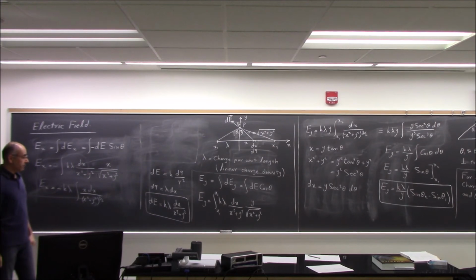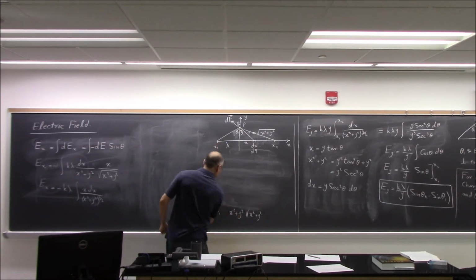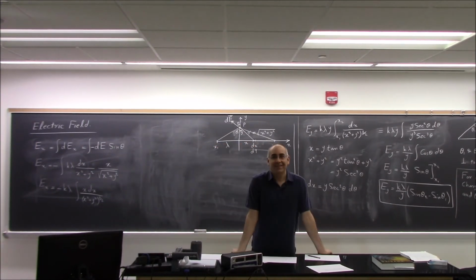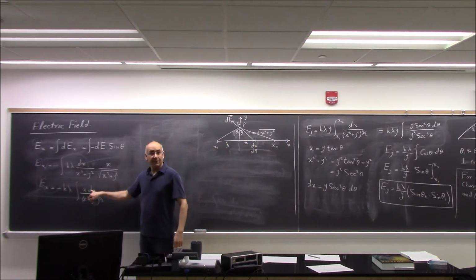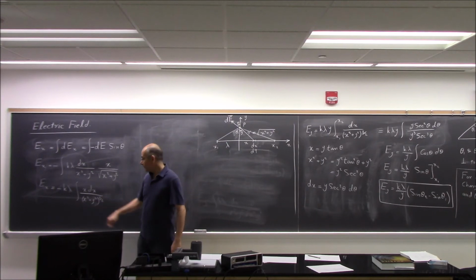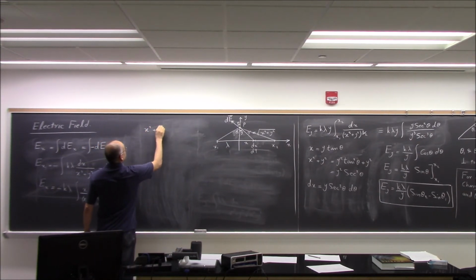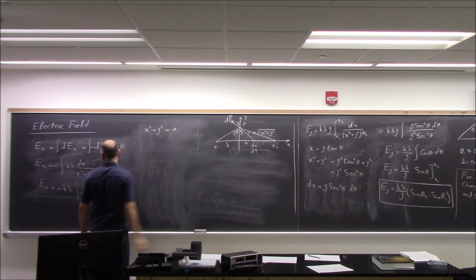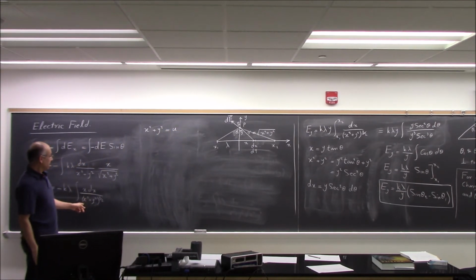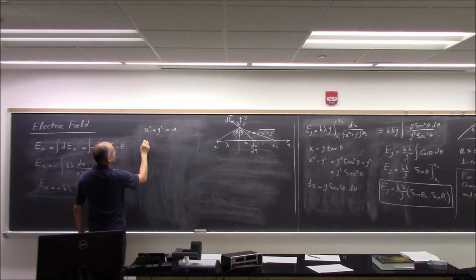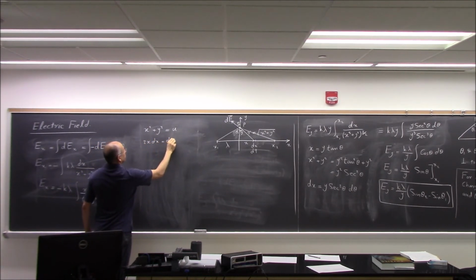How can we solve this one? Can you substitute for this one? U substitution works here because we have x in the numerator, right? So we can take x squared plus y squared as u, and then we take the differential of that, 2x dx becomes du.